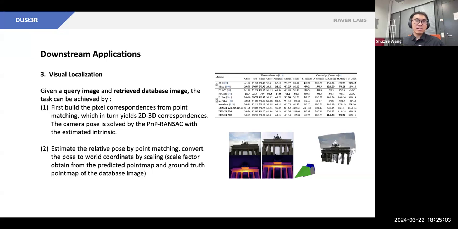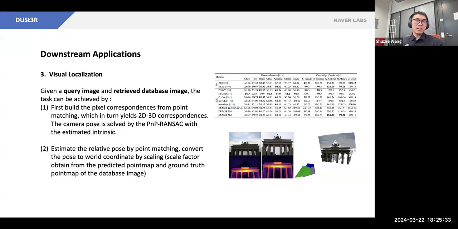Since we already built the pixel correspondences from the point matching, and we also have the camera intrinsic estimation from the previous method, we can obtain the 2D to 3D correspondences between the query image and the 3D database. The camera pose is then solved by PnP RANSAC with the estimated camera intrinsics.